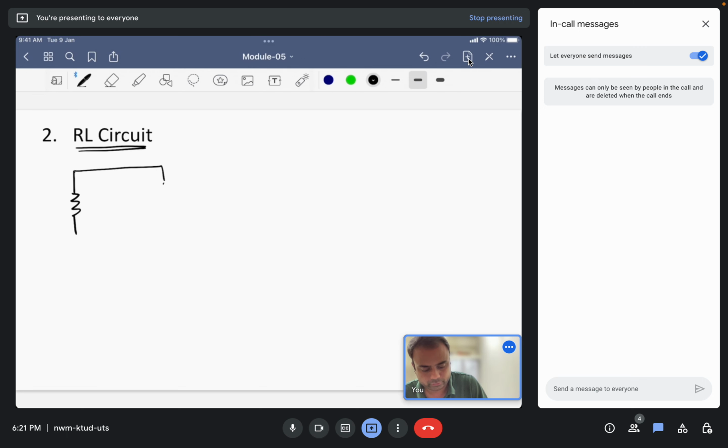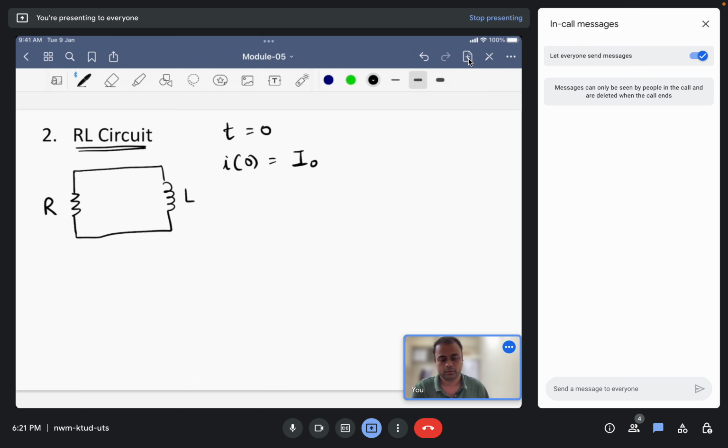In that we have a charged inductor. Let us say we have an inductor with inductance L and a resistance R connected across the inductor, and suppose at time t equals 0 there is some current I0 in the inductor.